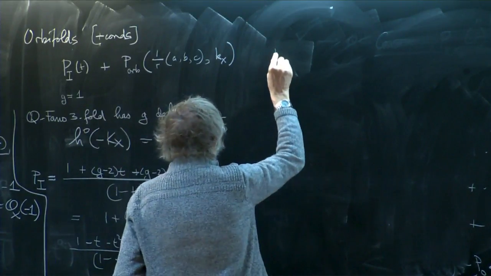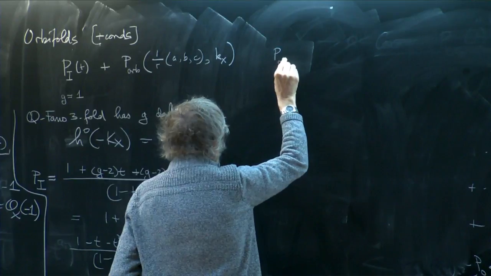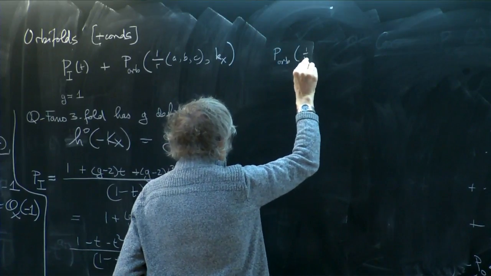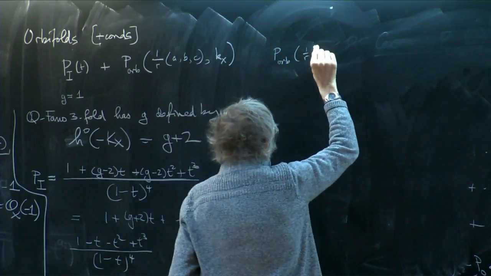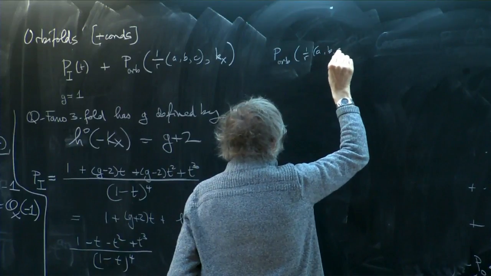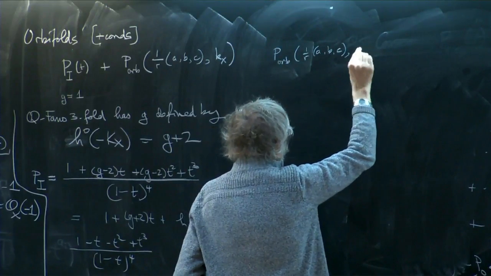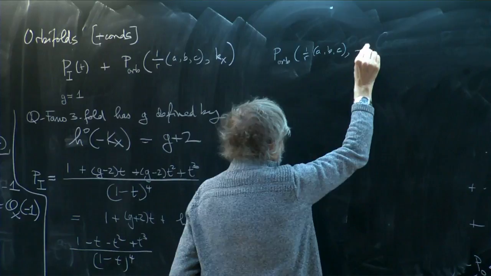And so what are these orbifold terms? So P orb of 1 over r (a, b, c), let me assume it's minus 1.